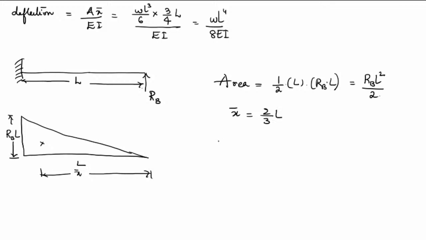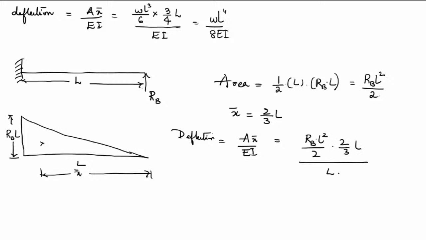So deflection here will be equal to A X bar divided by EI. So area is RB L square by 2 into 2/3 of L divided by EI. So this will be RB into L cube by 3 EI. That is WL cube by 3 EI, which is also a standard result.